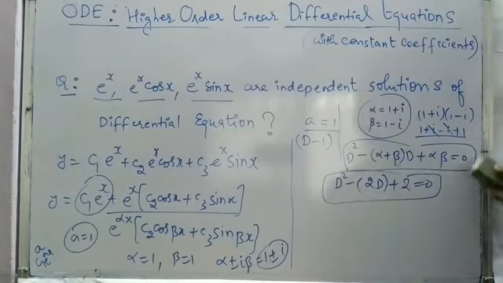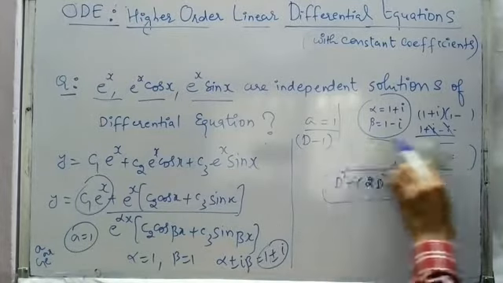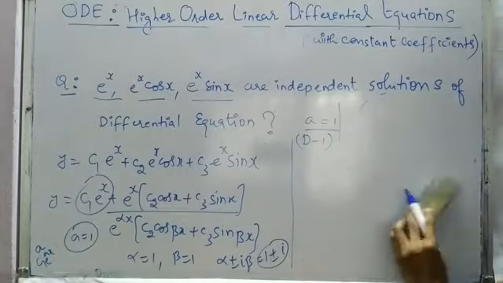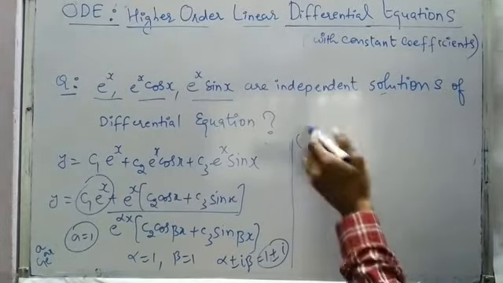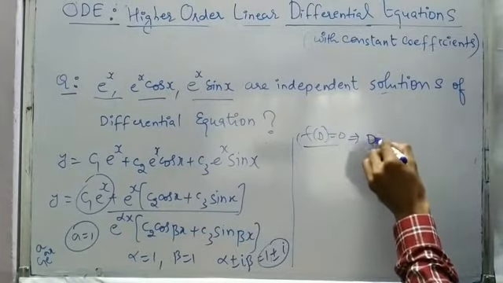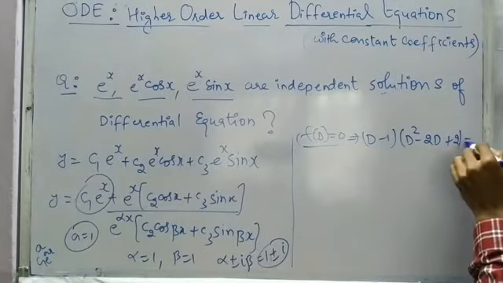So the equation D squared minus 2D plus 2 has roots 1 plus i and 1 minus i. So we have the quadratic equation with us. The auxiliary equation completely is f(D) equal to 0, meaning (D minus 1)(D squared minus 2D plus 2) is equal to 0.